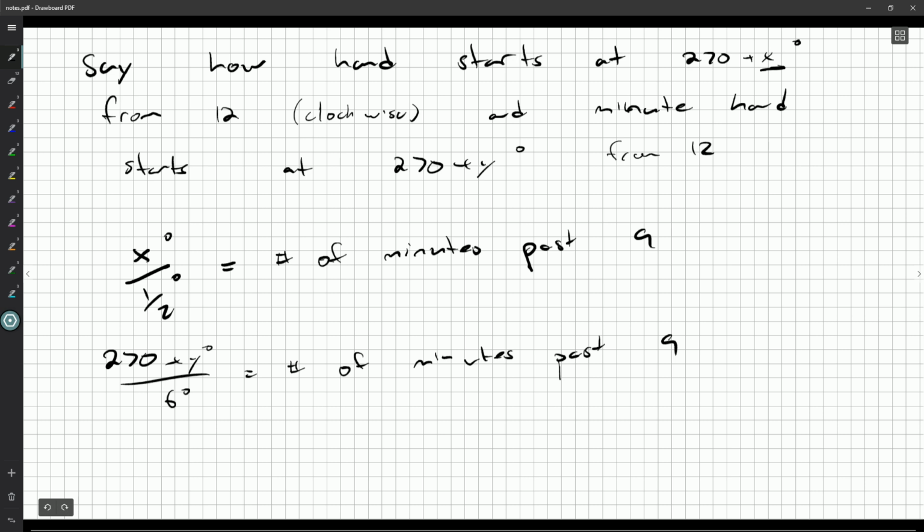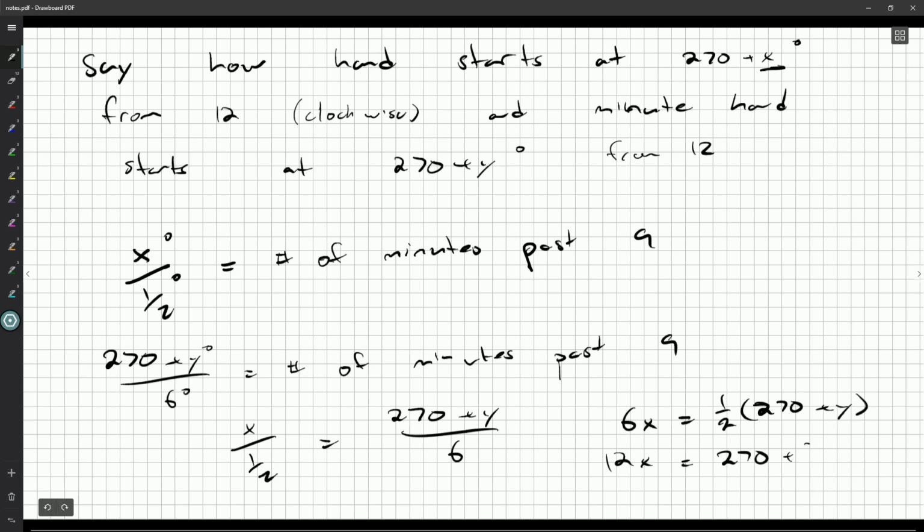So this should give me a nice little relationship. X divided by 1/2 is 270 plus y over 6. Now we could multiply both sides, so 6x is the same as 1/2 of 270 plus y. Sort of cross multiplying, bring the 6 over, bring the half over. Multiplying by 2 again, we get 12x is 270 plus y.